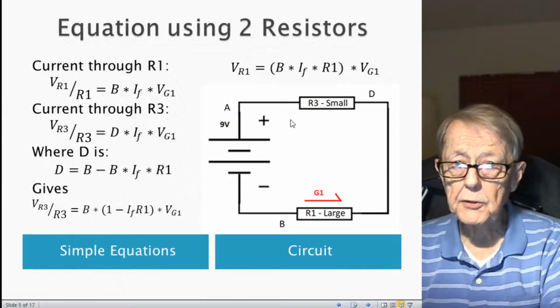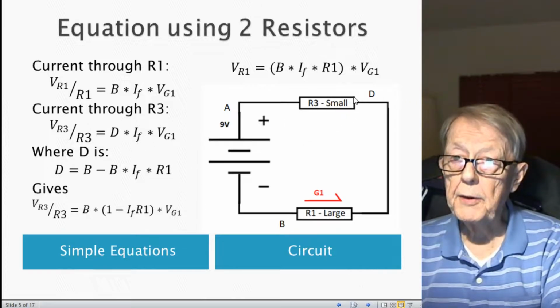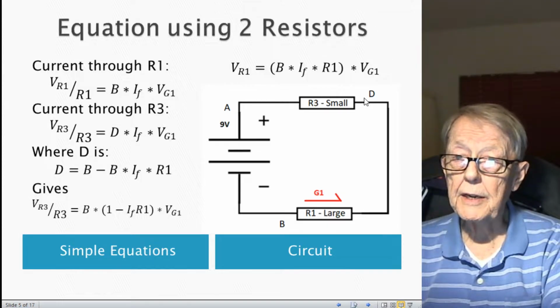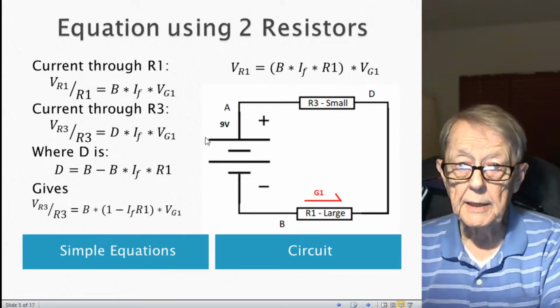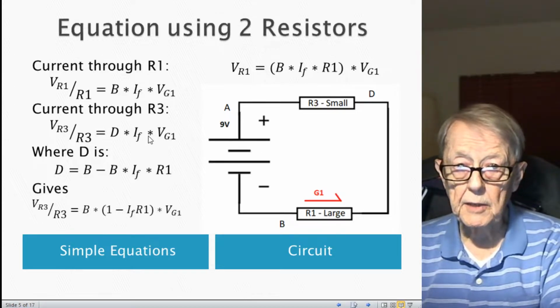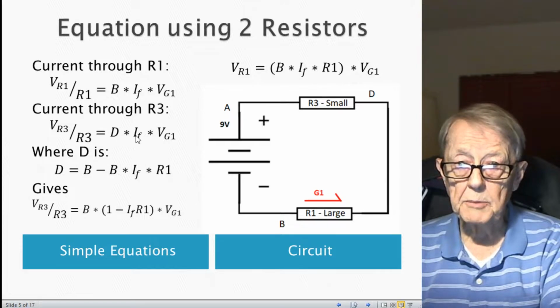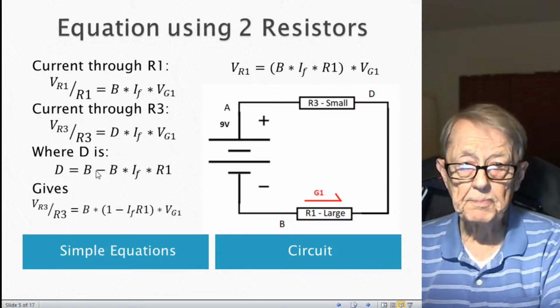Current through resistor 3 is similar, but the number entering R3 is D. That's different than B, but it's the same type of current. Voltage across R3 divided by R3 is the current, and it equals D times I_F times V_G1.